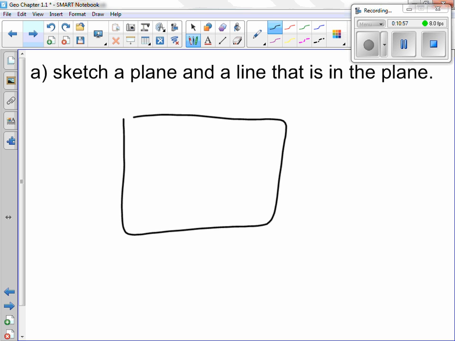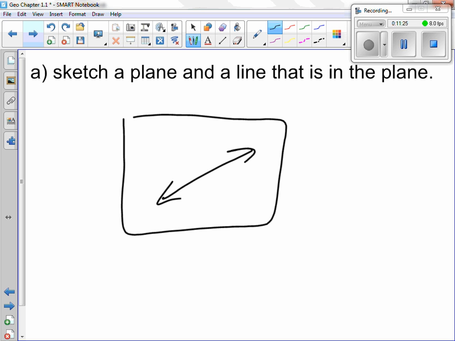Just a line with two arrows, yes? You think there's something more to it? Well, did it ask us to name it? No. It just had a line, right? That's a line. That is a plane. We are done.